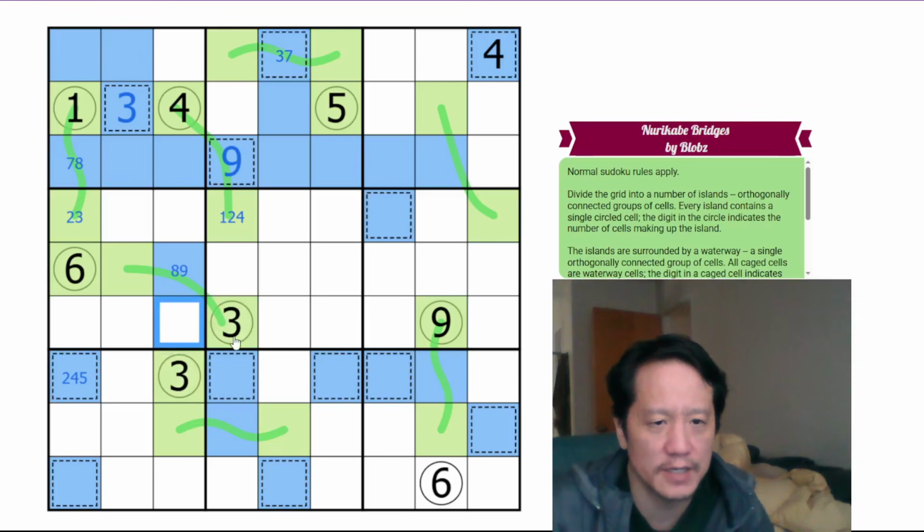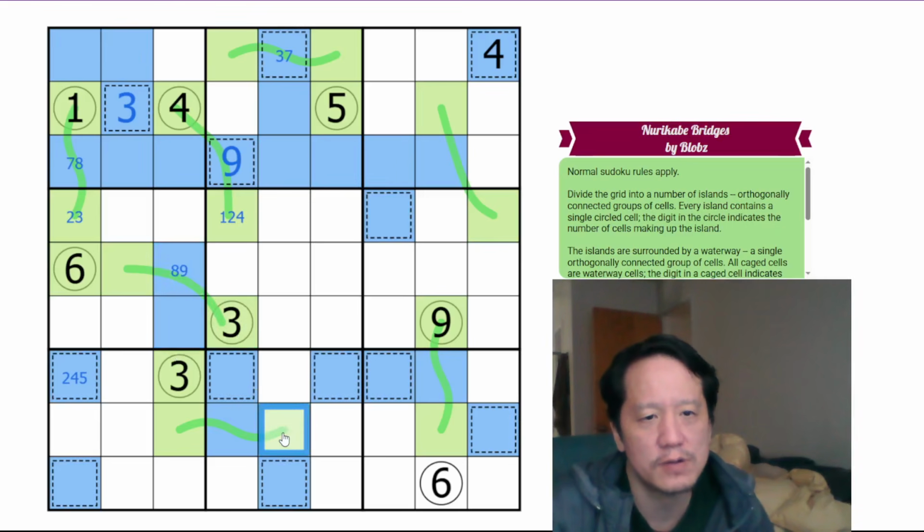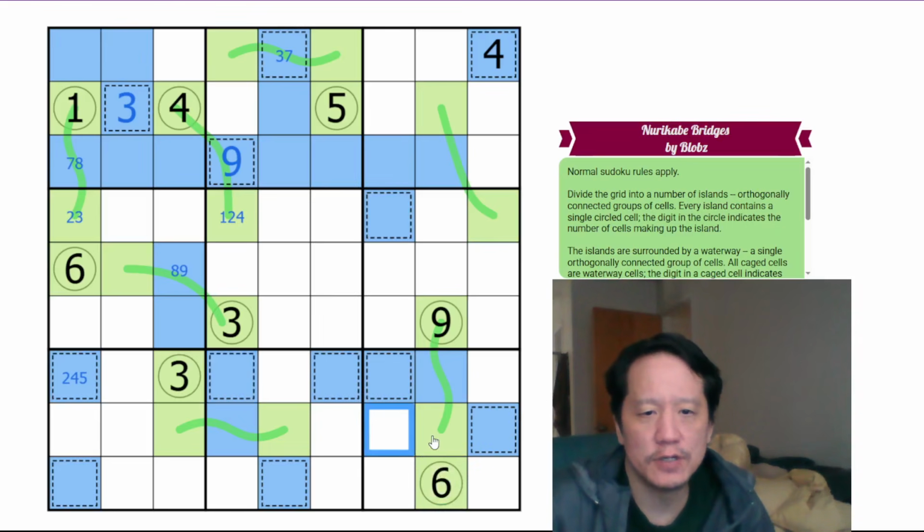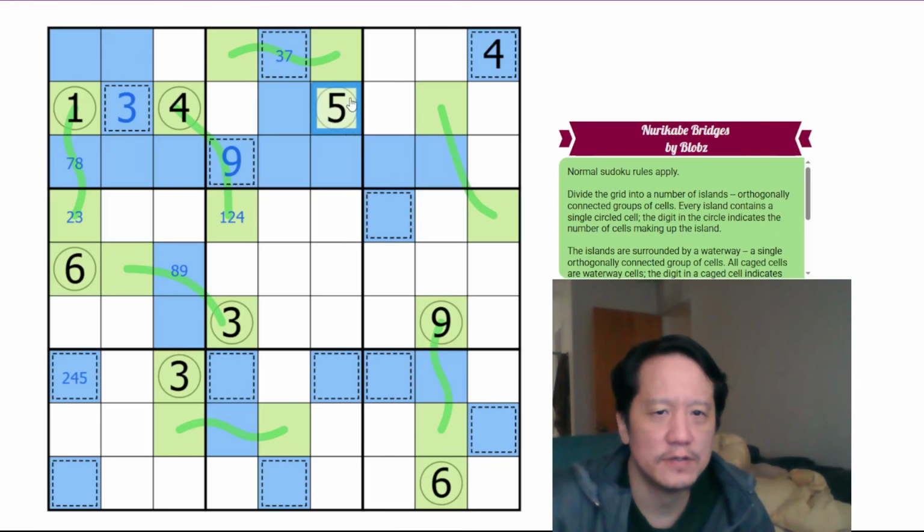This cannot connect to each other because each island has only one circle, so this must be blue. Oh, this is green too. This has 5 cells, so it must connect to here.